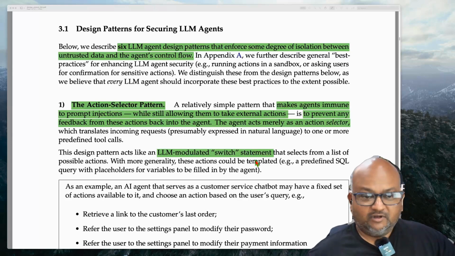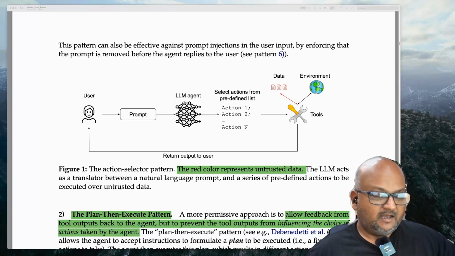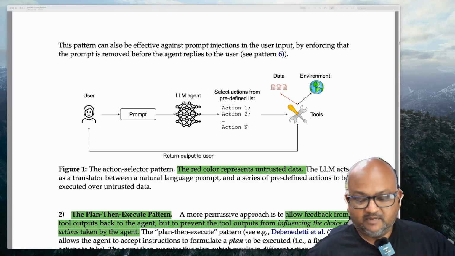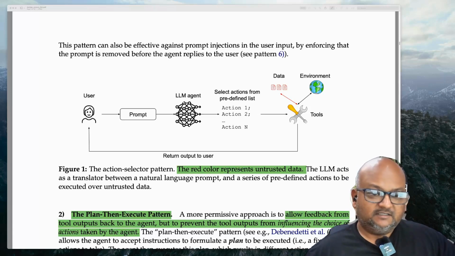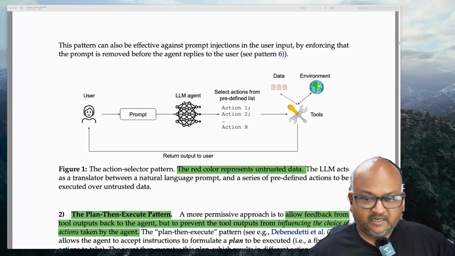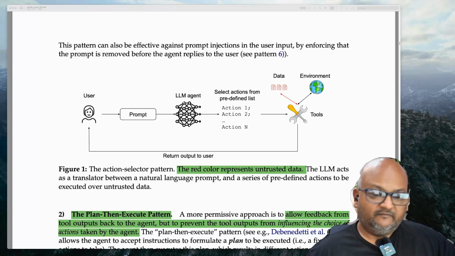But that's all it does. It does not look at the output of these actions. So the LLM is not looking at what these tools read. And because it's not able to even see this untrusted data, it eliminates one entire vector of prompt injection attacks.